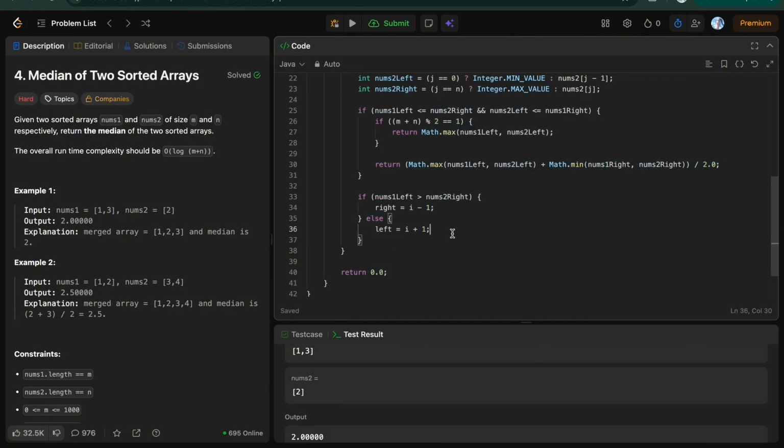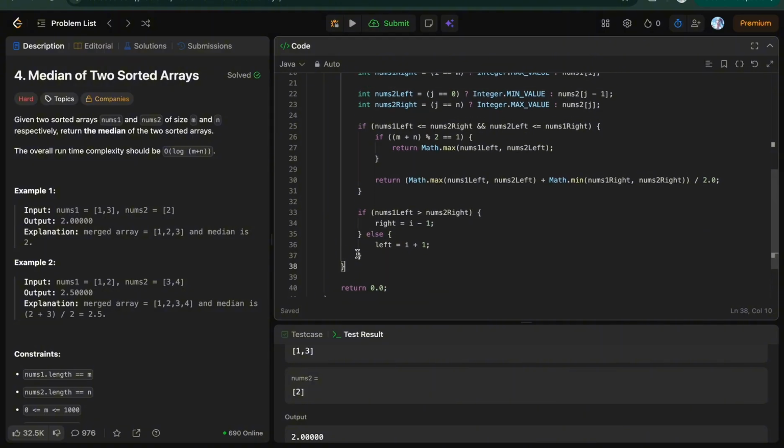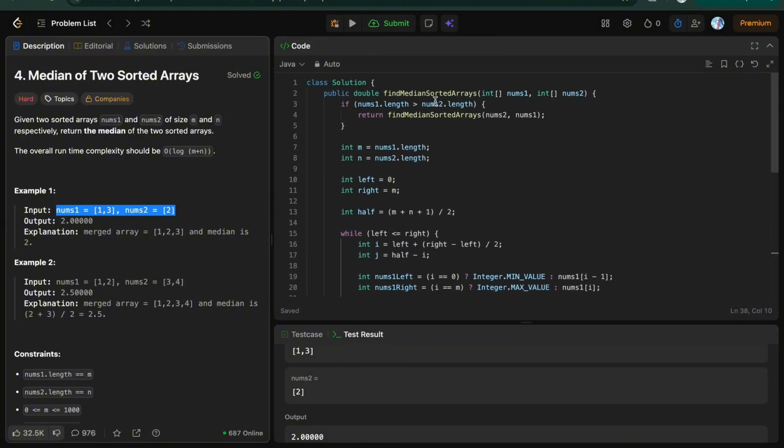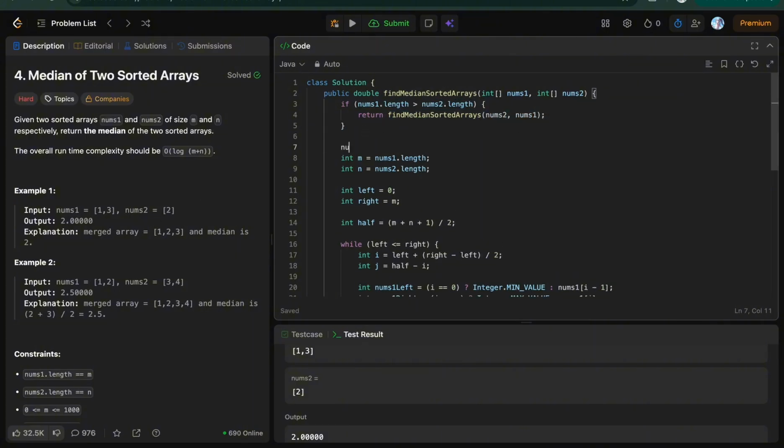Now, hopefully what I explained makes sense, but if it doesn't, don't worry, because I'll give a walkthrough example, and we're going to use example 1. Looking at example 1, since nums1 is longer than nums2, the code will swap them. Look right here: if nums1 length is greater than nums2 length, we swap them, with nums2 at the front and nums1 at the back.